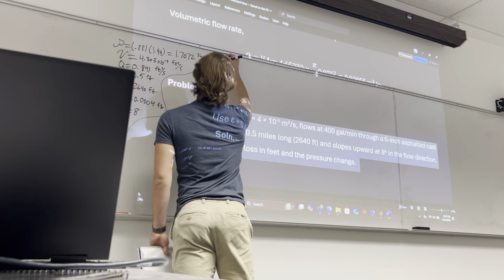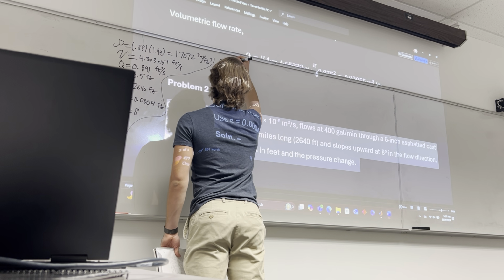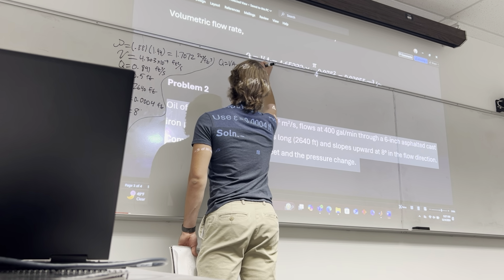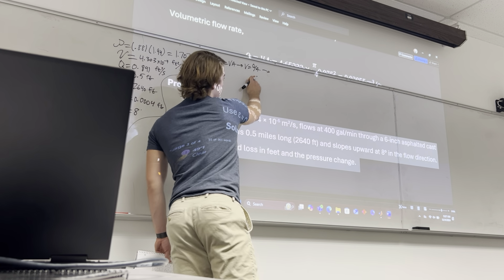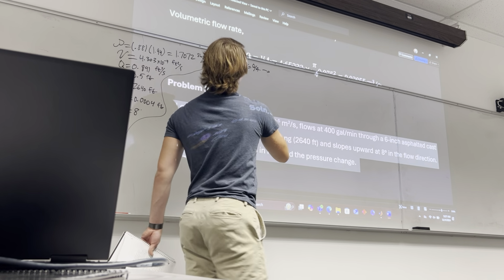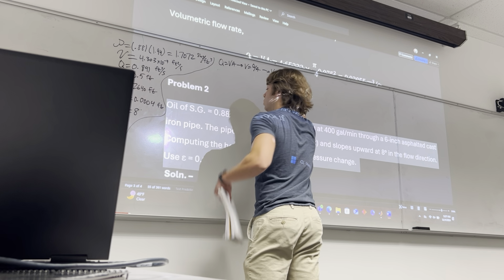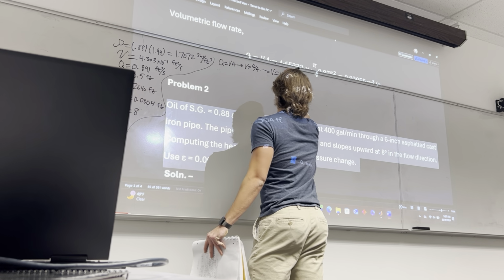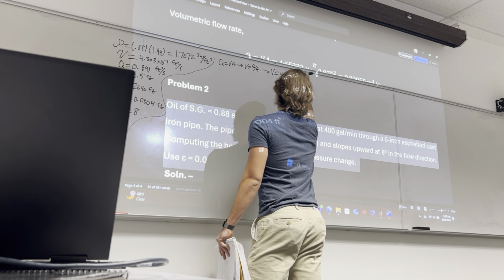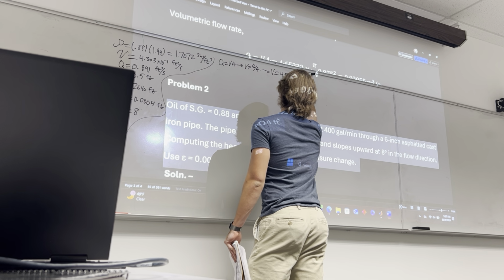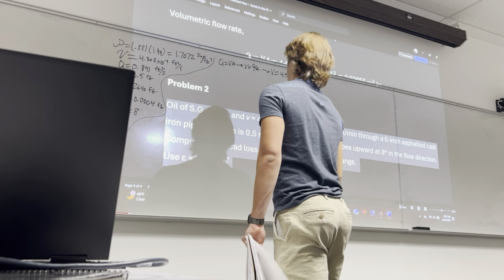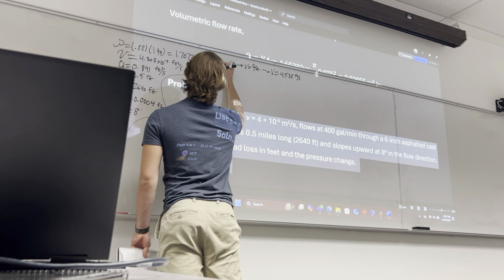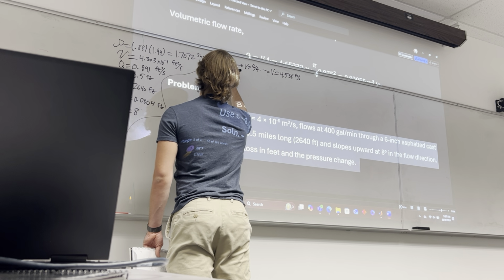So Q equals VA, and so V equals Q over A. Plug everything in: you know the diameter and the volumetric flow rate. So V equals 4.538 feet per second.